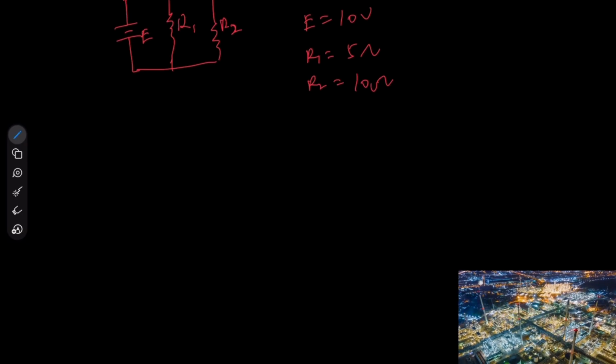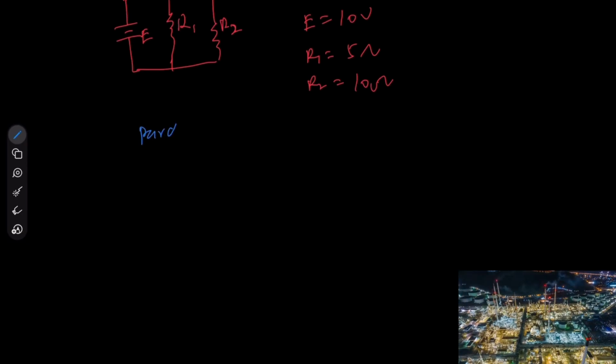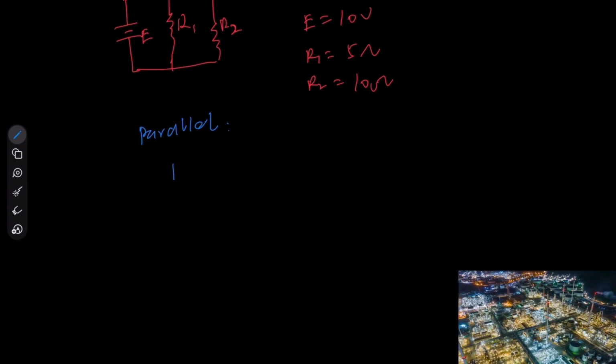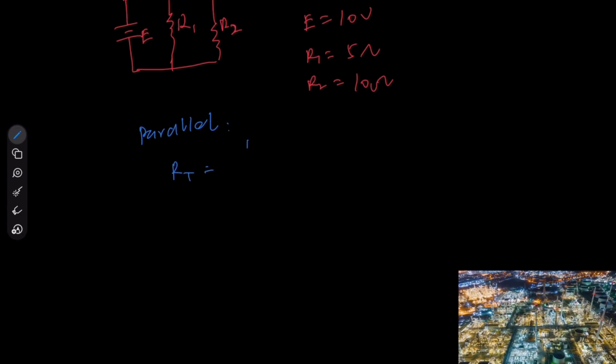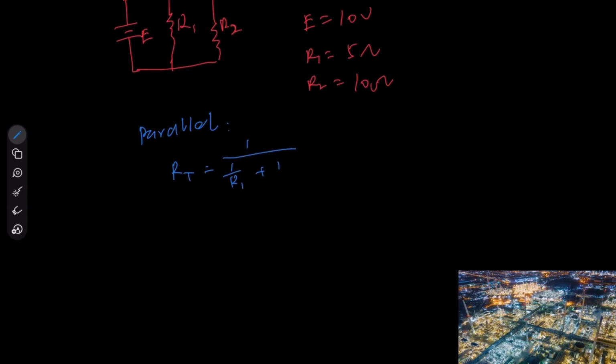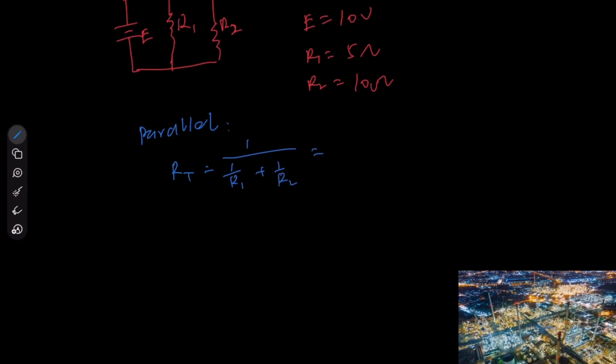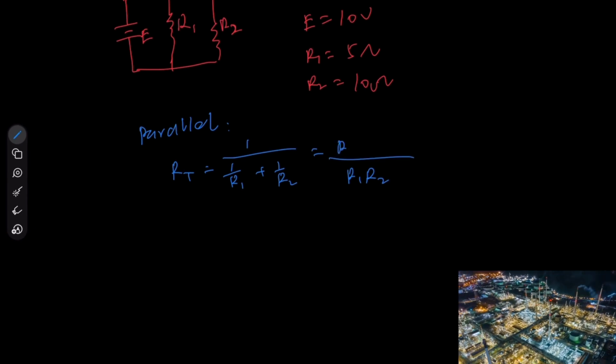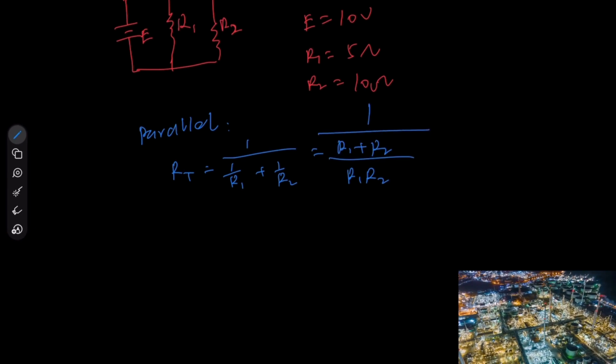By looking at this circuit, they are in parallel, so we can solve for RT first. 1 over RT equals 1 over R1 plus 1 over R2, equals R1 plus R2 over R1 R2.